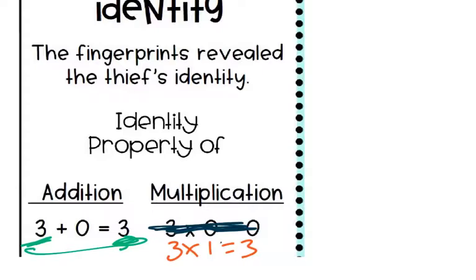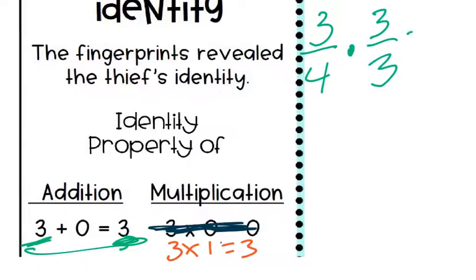Now, when I'm talking about identity property and fractions and ratios and reducing fractions, I'm talking about multiplying by 1, but using it as a fraction. For example, if I take 3/4 and I want to make an equivalent ratio of that, I can multiply by 3 over 3, right? Is 3 over 3 equal to 1?